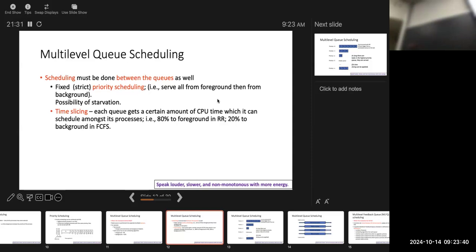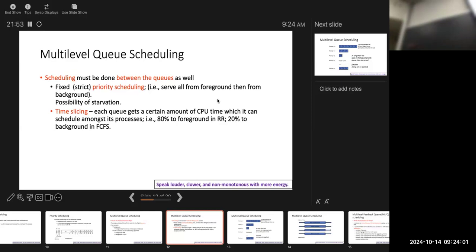All these processes have to run on the single core, right? So you can make sure that all the processes from priority level 0 are first scheduled or executed, and only then you move to the next level, and only then to the next level. This is known as strict priority.